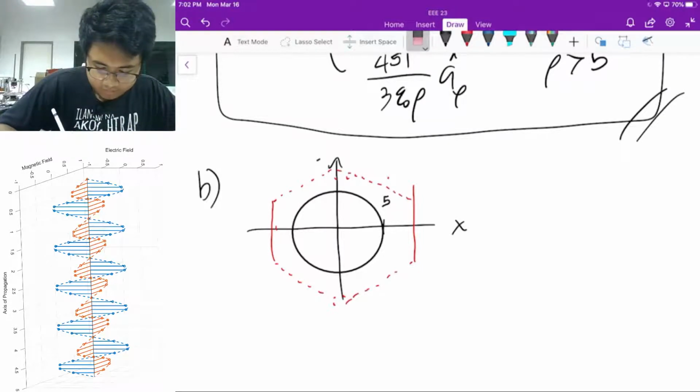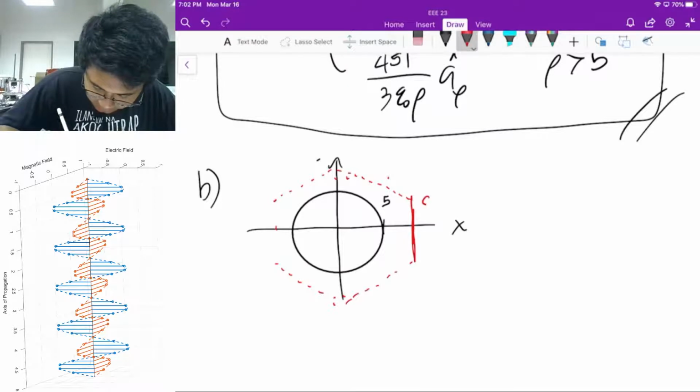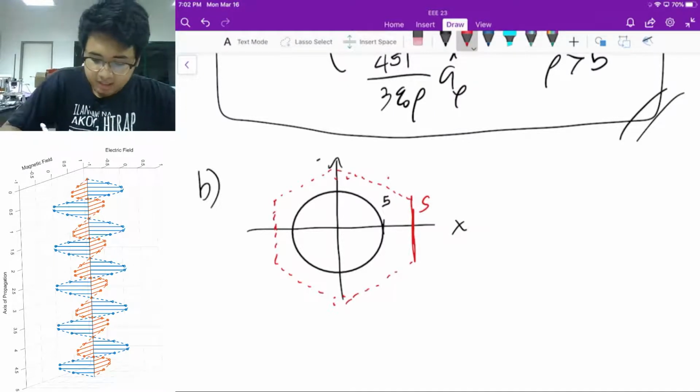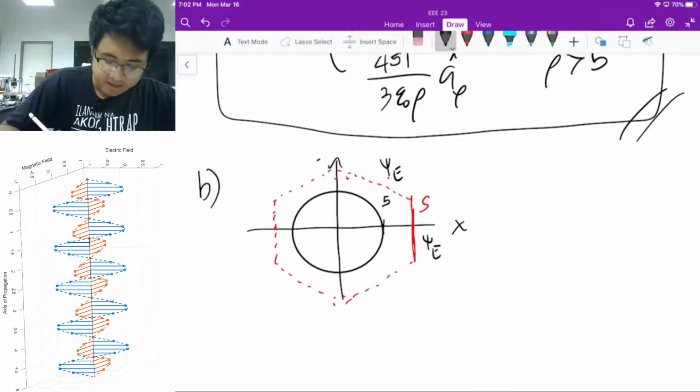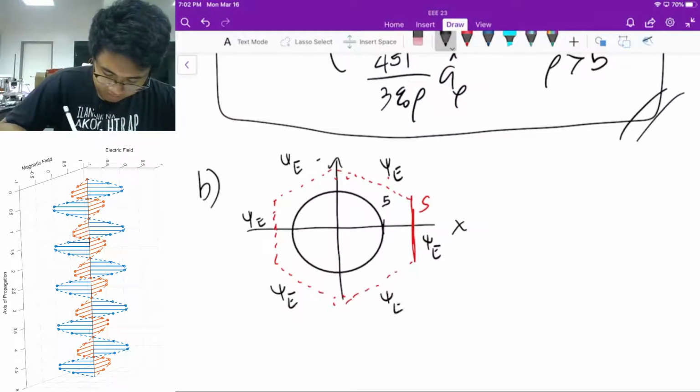And this is the surface S that we're talking about. Again, it has a flux psi e due to symmetry. The same flux passes through here, here, here, and here, and finally here.